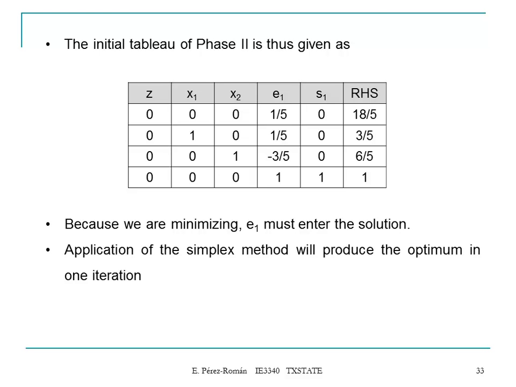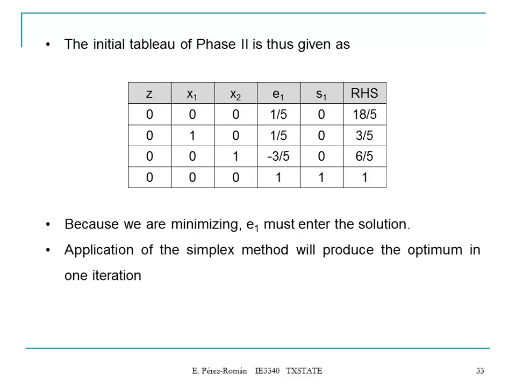So the initial tableau of phase 2 is given here. So you have your x1 is part of your basic solution, and x2 is part of your basic solution. Because we are minimizing, E1 must enter the solution. It's the most positive number.